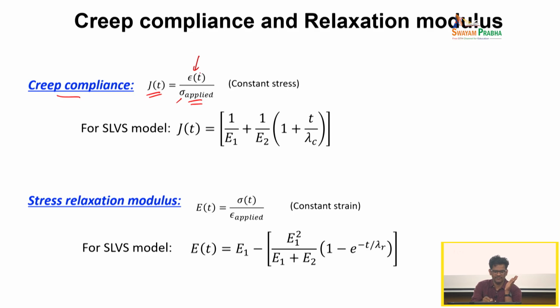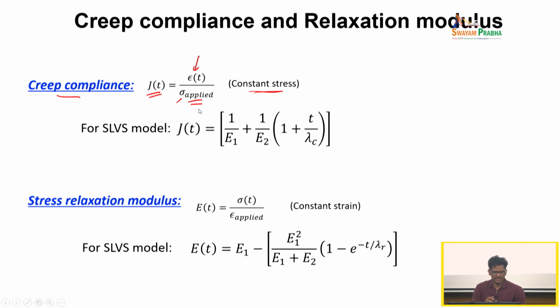So, remember, in creep we apply a load and we observe how epsilon is changing, how the strain is changing, okay. So, basically we apply a constant stress. So, creep compliance is nothing but the ratio of the strain divided by the applied stress.